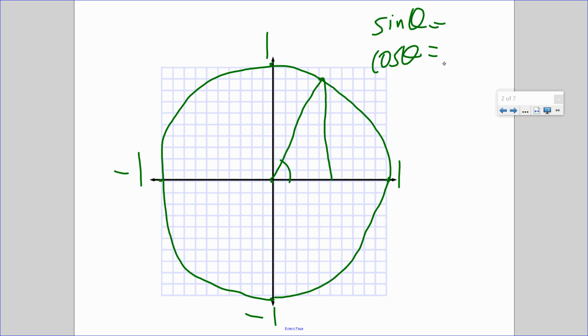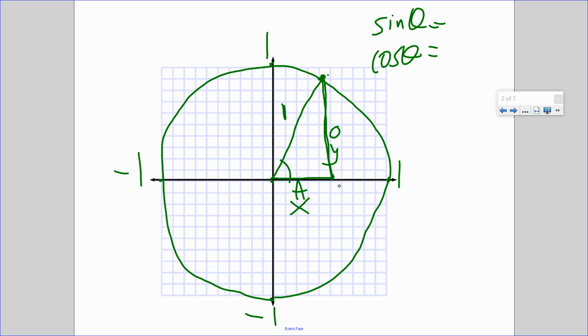Well, since the radius is 1, then this is 1. Now, this is my adjacent, this is my opposite, and I'm going to call my adjacent my x value, and this is my y value, correct? Whatever this point is, this is the x value of that point, and this is the y value of that point.